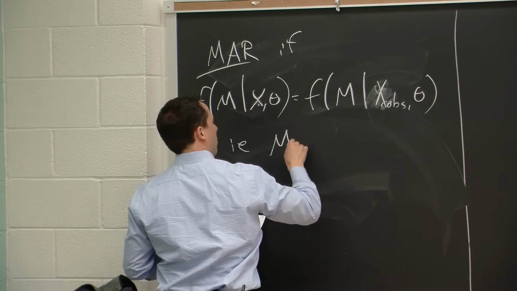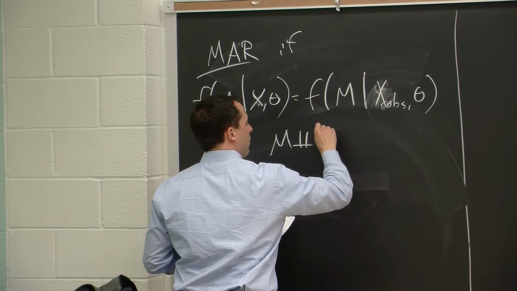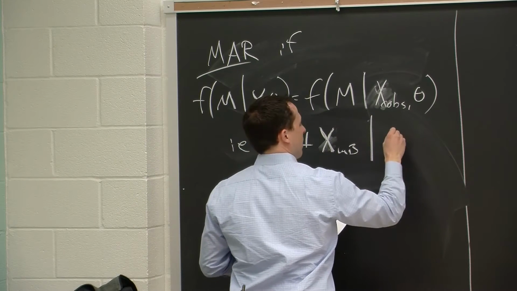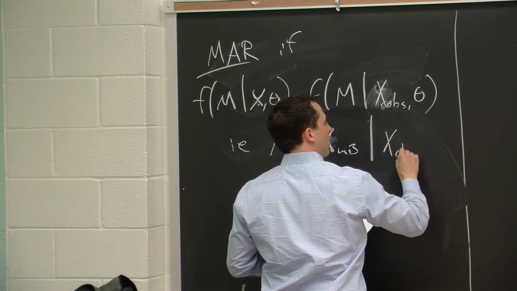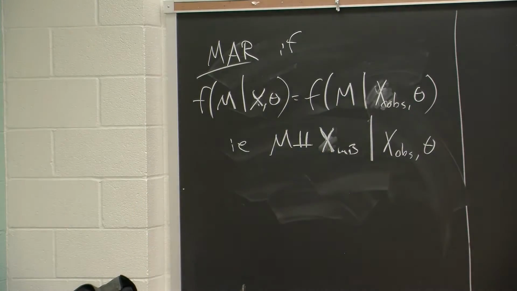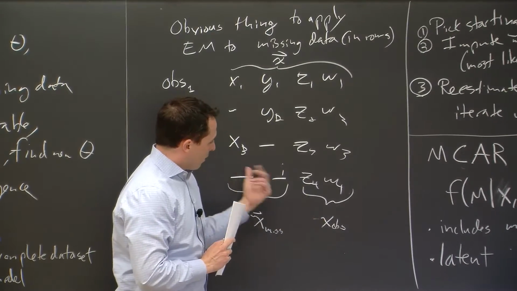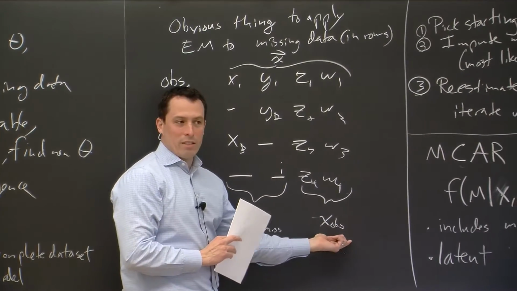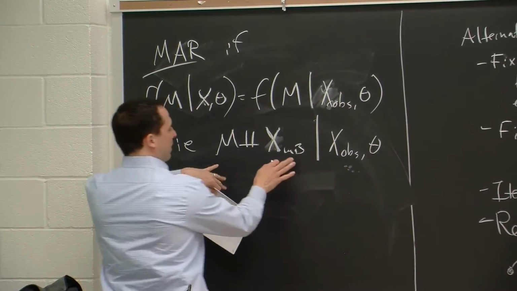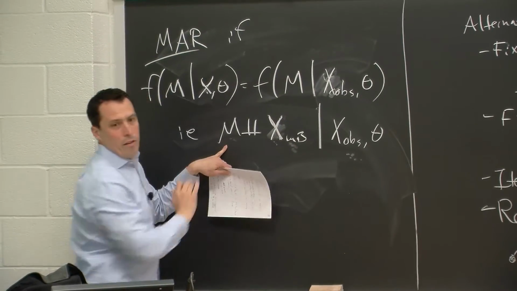In terms of conditional independence, we're saying that the missing is independent of the missing part of the vector given the observed part of the vector, and of course the value of the parameters. So what missing at random says is that there can be dependence, but the dependence all factors through the observed part. So once you know the observed part, there's no dependence left between the data that's just gone and whether it's missing.